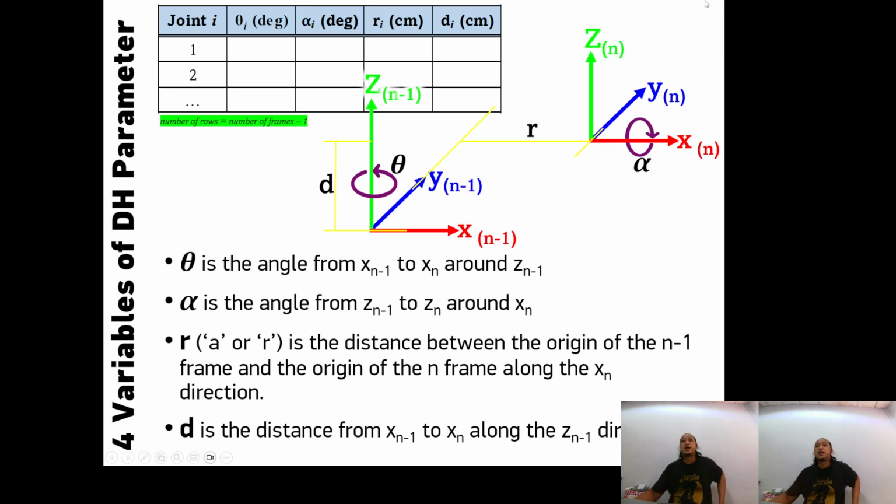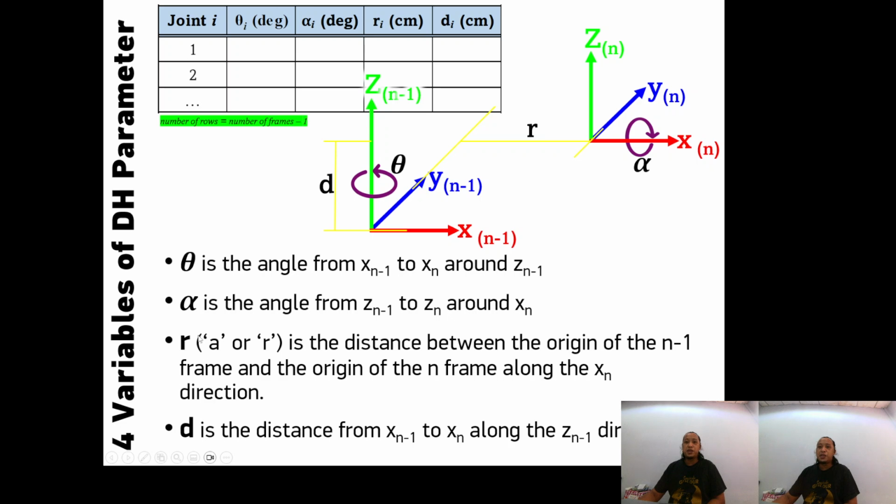And alpha, the second variable, is the angle from z n minus 1 to z n around x n. We know that z n minus 1 and z n are in the same direction, so in this case the alpha is also 0.